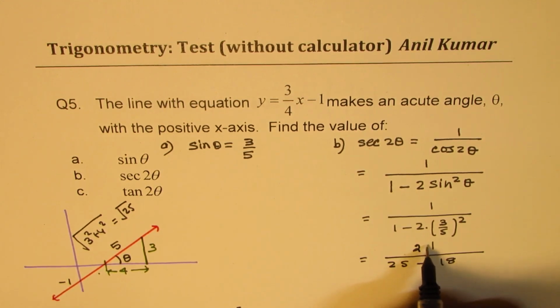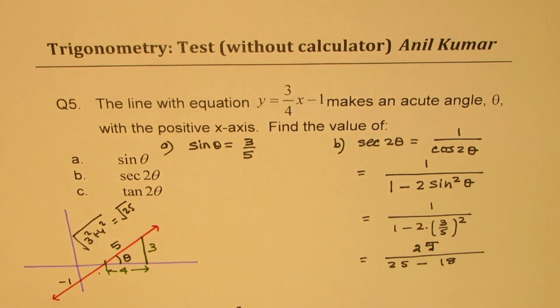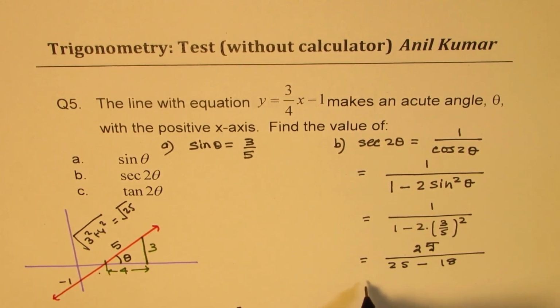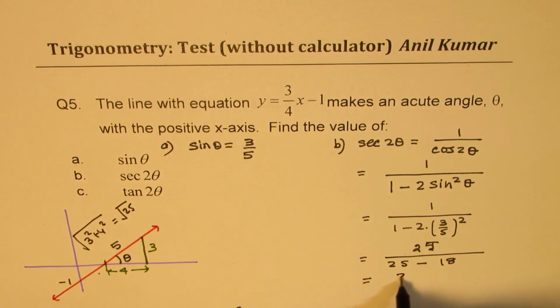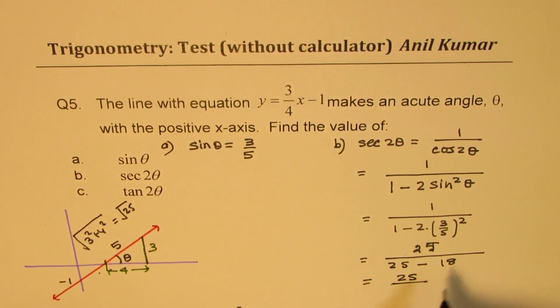So it becomes 25 over 25 minus 18, which is 7, right? So secant 2 theta is 25 over 7.